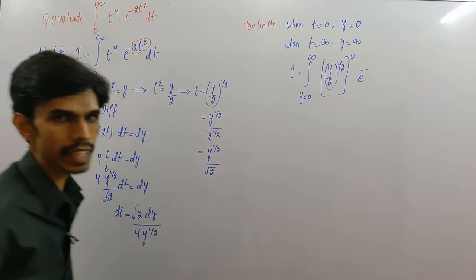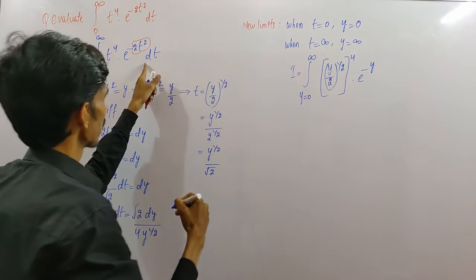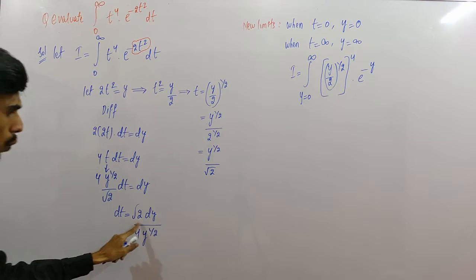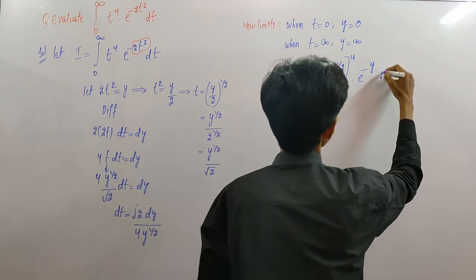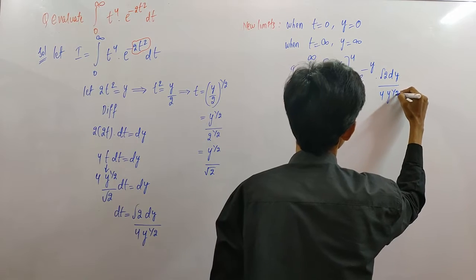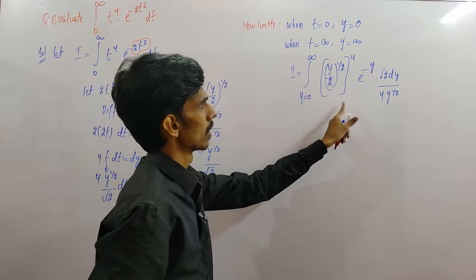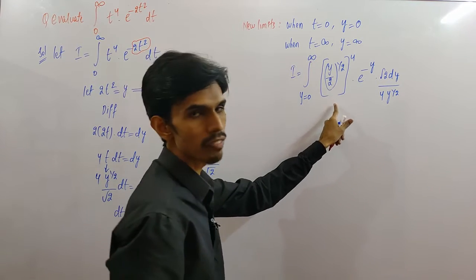The 2t square value we have taken as y. So here we have y. Now here we have dt. The dt value is root 2 dy divided by 4 y power of 1 by 2. Now this complete integral comes in variable y.